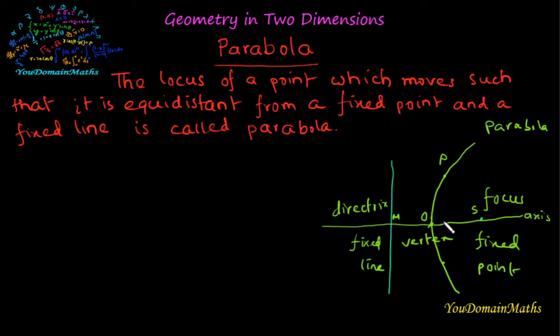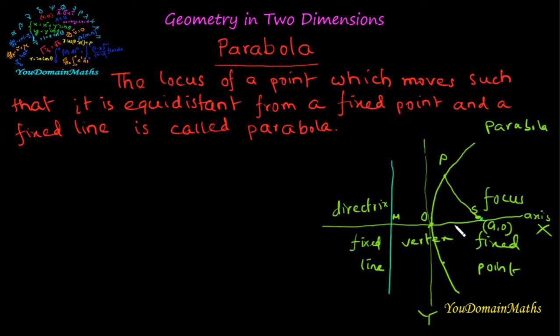So now we'll see the standard equation of a parabola. Suppose this is the x-axis, this is the y-axis, and this point is denoted by A, 0.